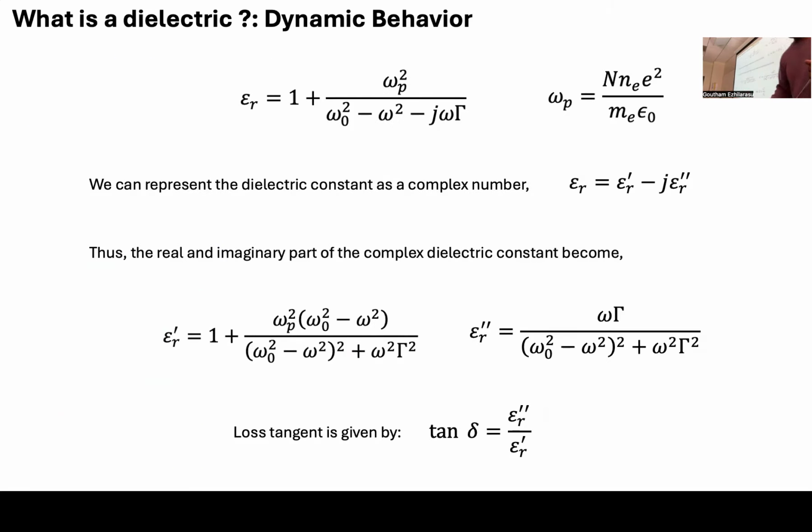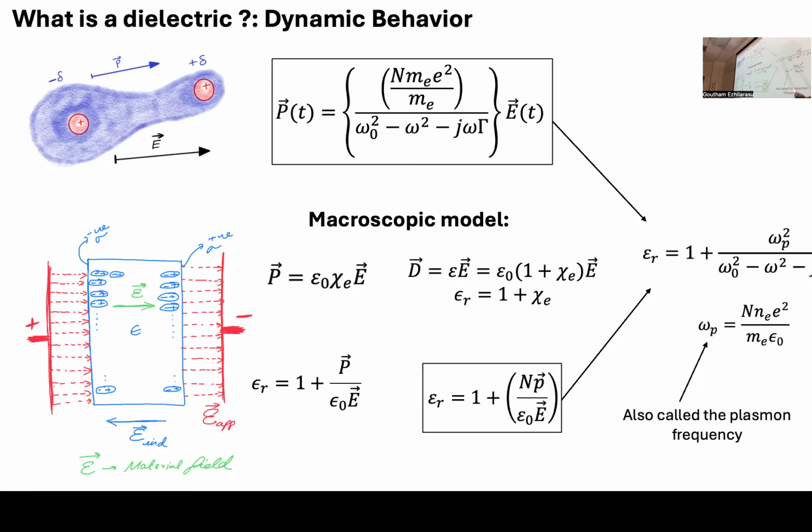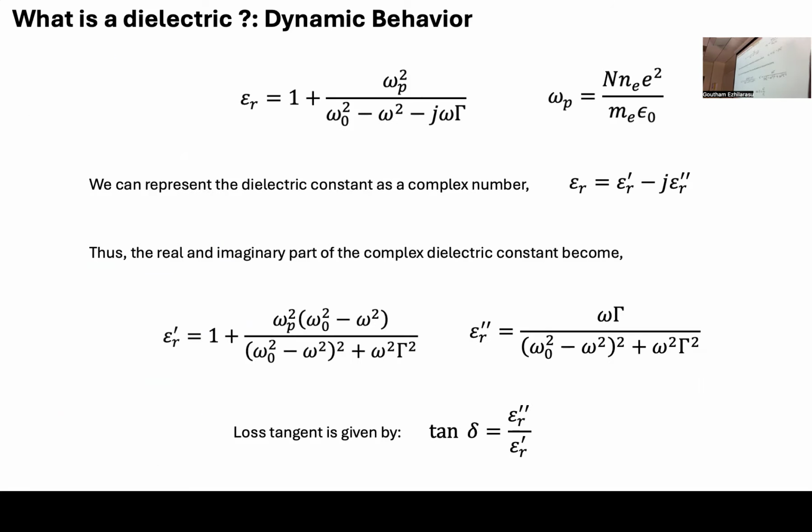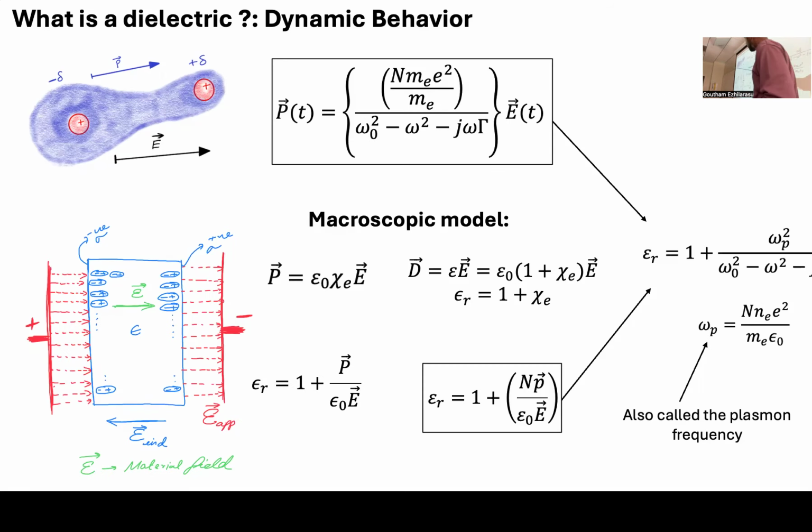Yeah, and so you now have this expression for the relative permittivity over here. Remember, if you substitute this here, you can assume omega p to be this thing. It's just a parameter, right? It has the same units of frequency, so it's given by the number density of bonds per unit volume times the number of electrons per bond that participates times the square of the charge over mass of an electron times epsilon, right?